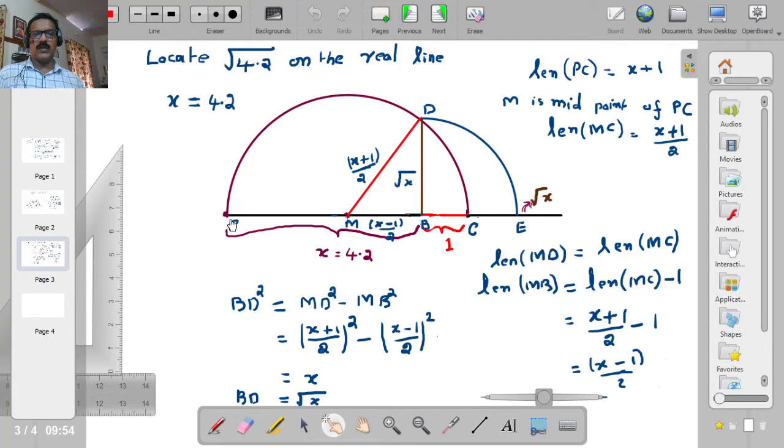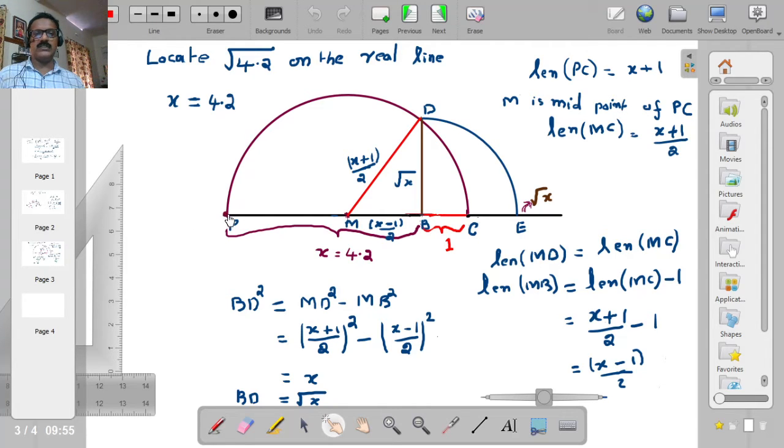We first draw the line segment PB. This is the first line segment that we are going to draw, having length equal to x units. We are asked to locate square root of x on the number line. The first step is that we will draw a line, namely PB, whose length is equal to x.